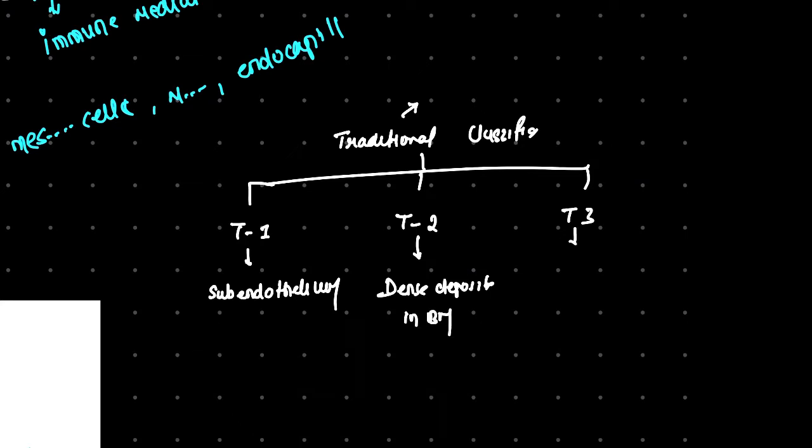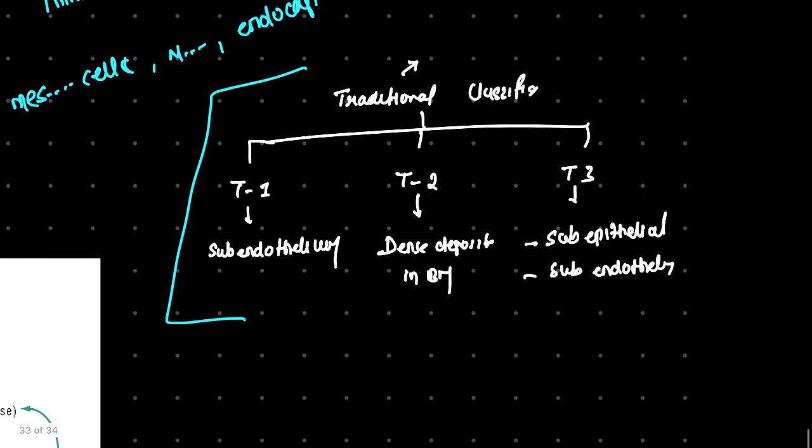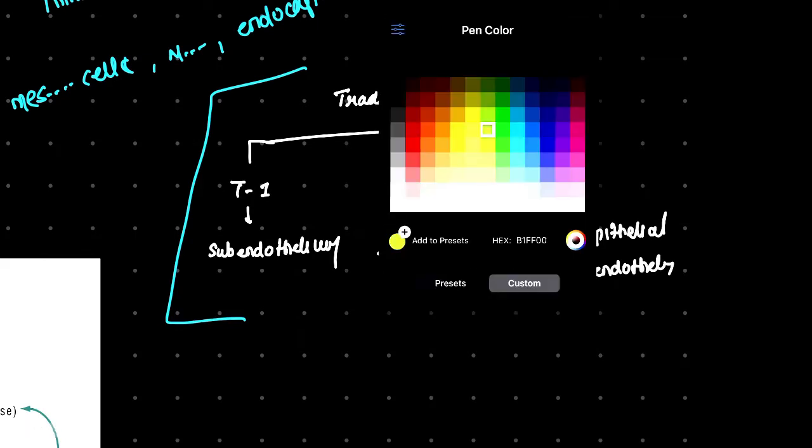And type 3, there was deposition in the subepithelial as well as endothelial region. So traditionally this was the classification being followed.